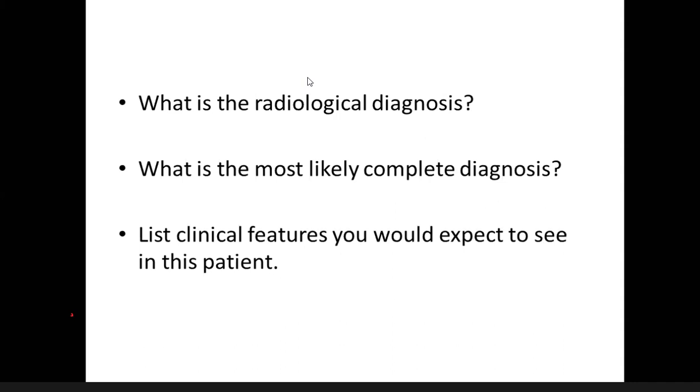So you need to have a special transport media for that, right? So now you have done a diagnostic pleural aspiration, right? And the aspirate is blood stained. So what are the possibilities?